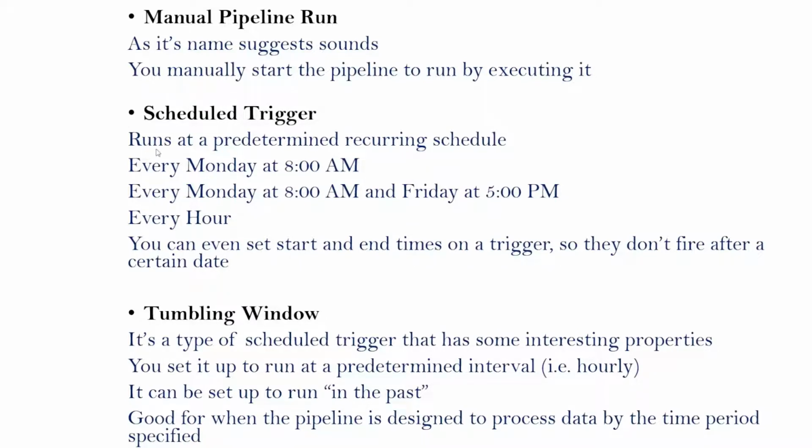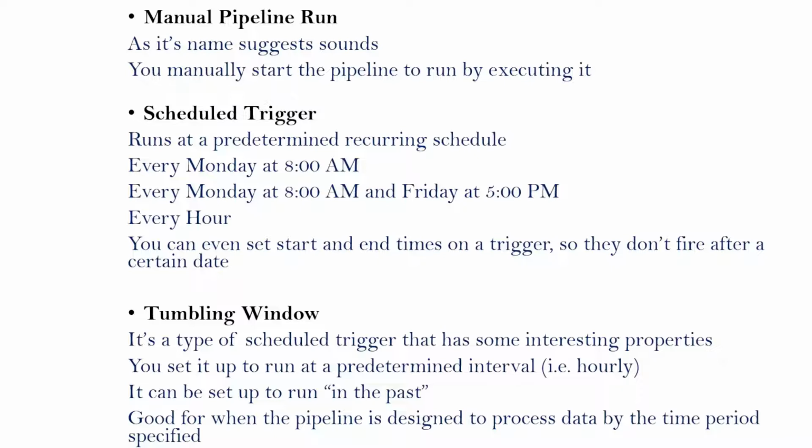Scheduled triggers are time-bound at a fixed time, but the majority of pipeline runs designed across different organizations are tumbling windows. So what is a tumbling window? Our time is still scheduled, so at that time my actual run will start, but the start time we will decide.